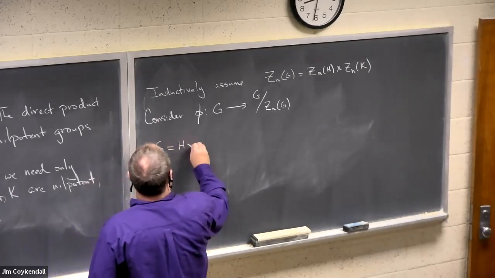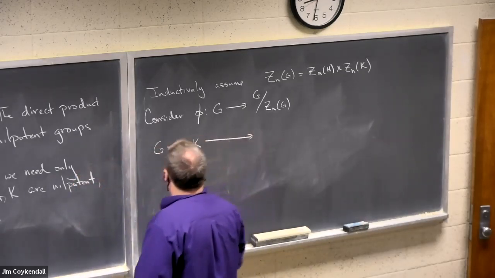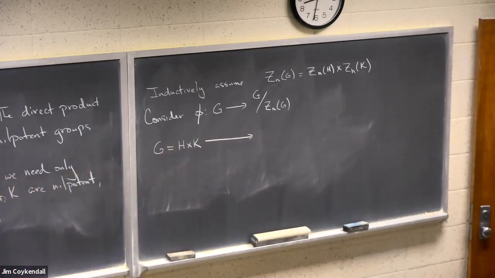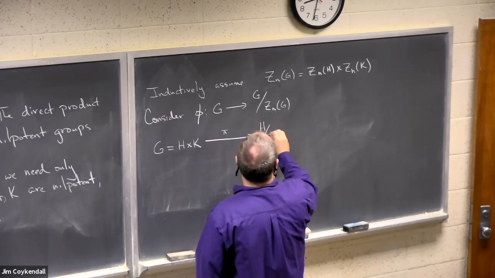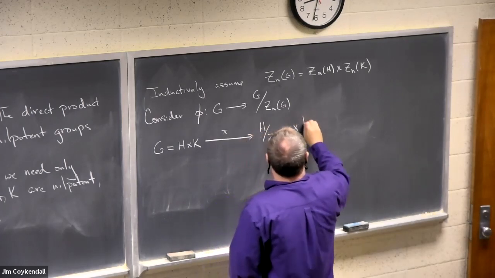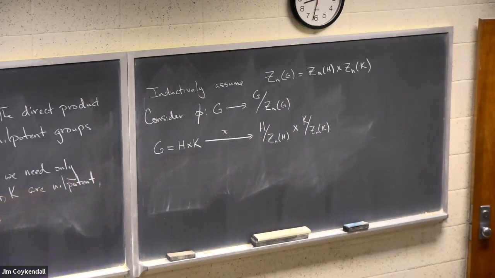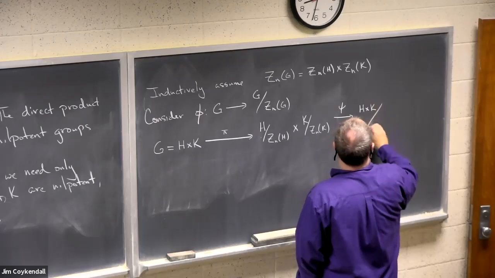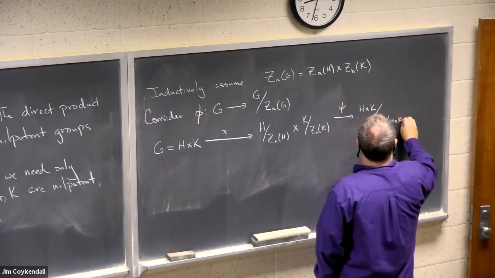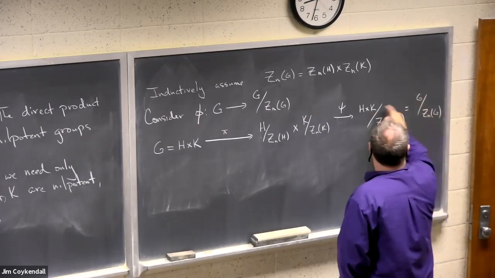G is defined to be H plus K, or H cross K. This goes by something I'll call pi into H mod Z_n H plus K mod Z_n K. And then I'm going to go pitchfork to H cross K mod Z_n(H cross K), equal by definition. Well, by definition and by induction.